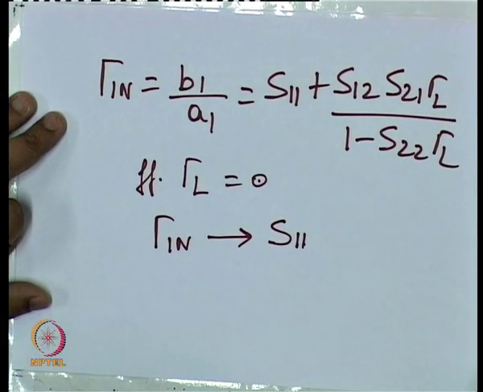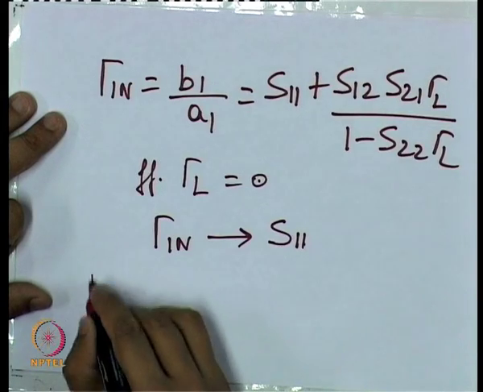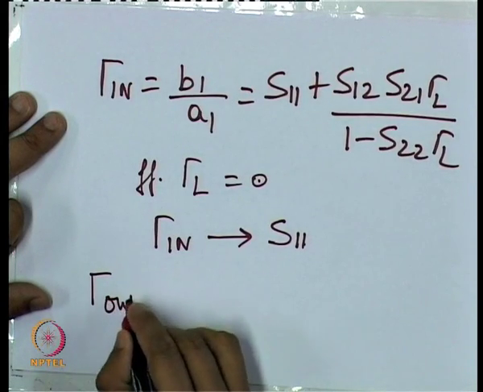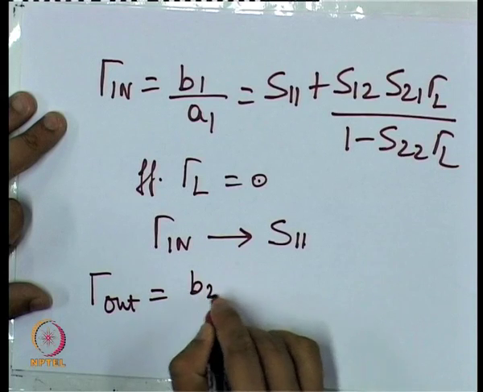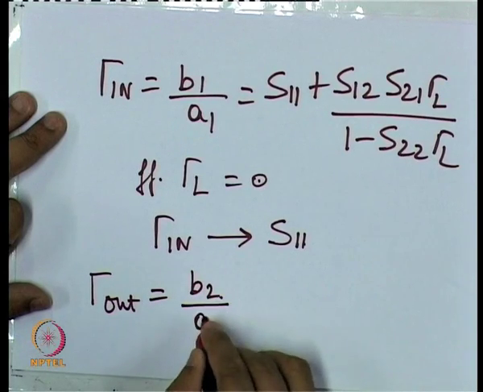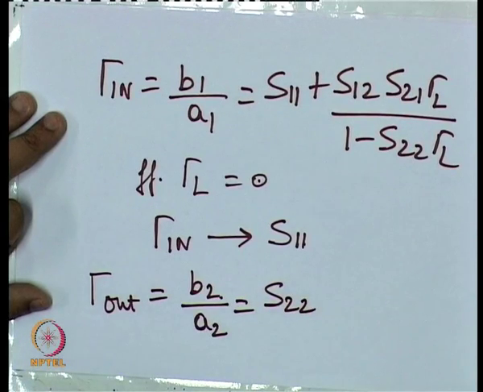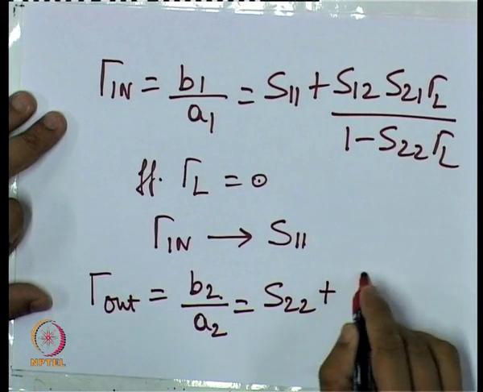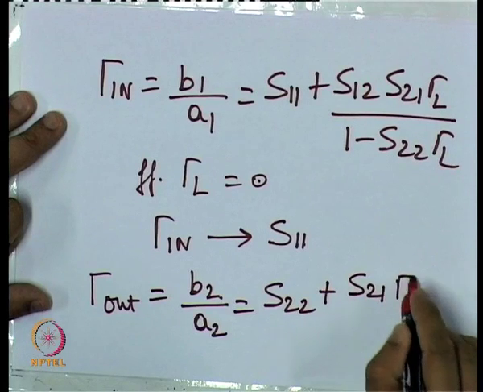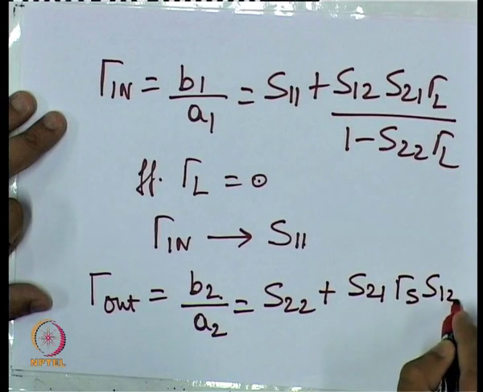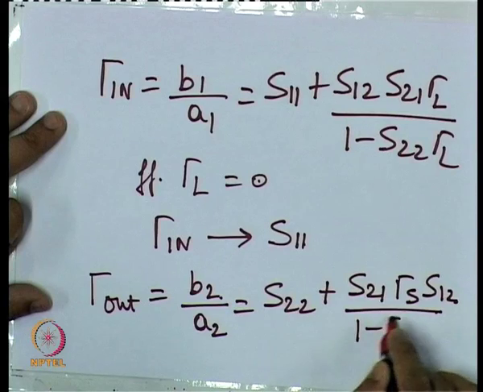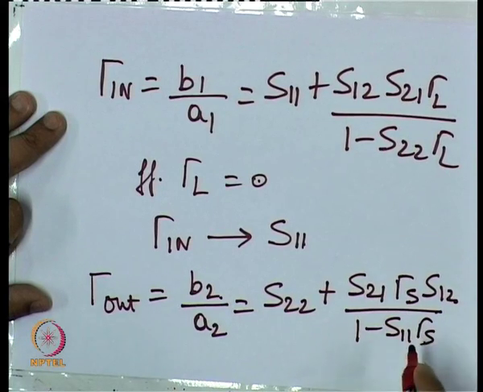Similarly, in the same way that we have written an expression for gamma in, we can also write an expression for gamma out, which is called the output reflection coefficient. Just following symmetry, you should get the value of this gamma out as so.